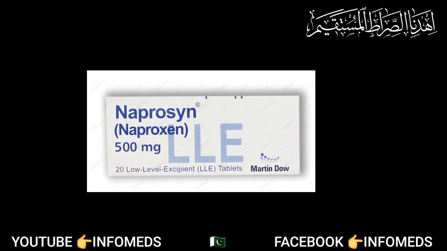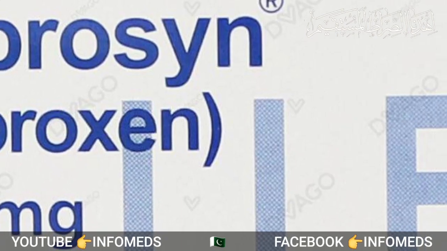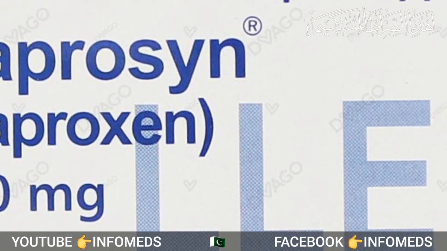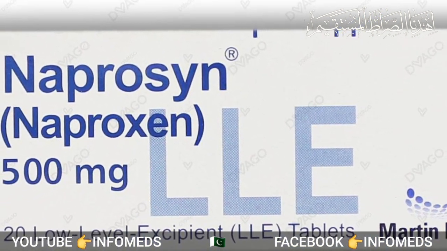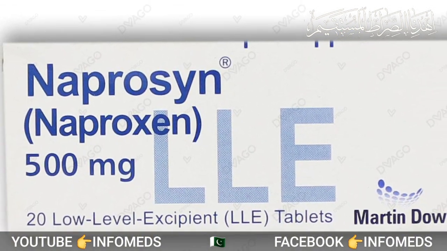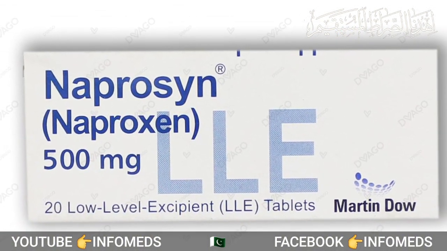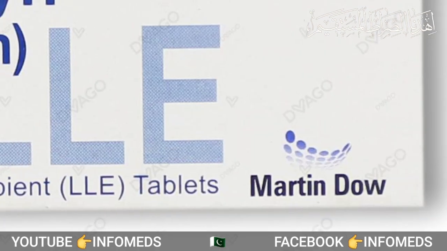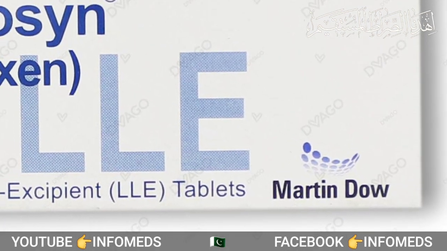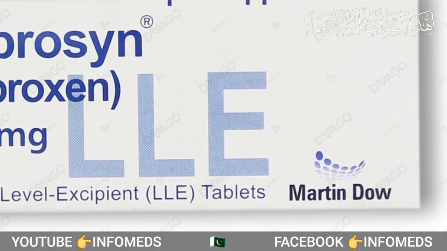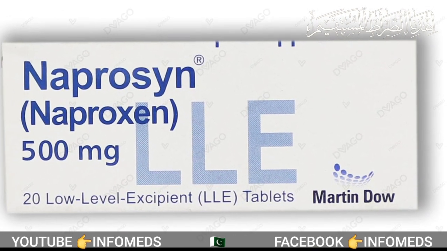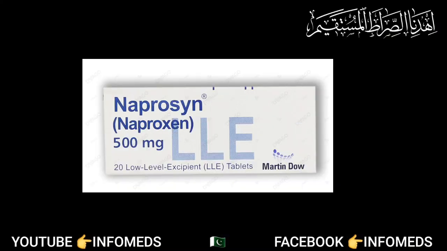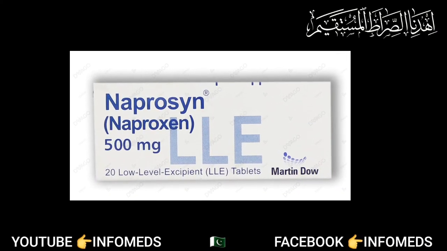So we are now coming to the side effects of naproxen tablets. If you are using naproxen tablets, what kind of side effects will there be? First of all, the main side effects, which occur in 1 to 100%, are heartburn, nausea, stomach pain, constipation, headache, dizziness, and allergic reaction.